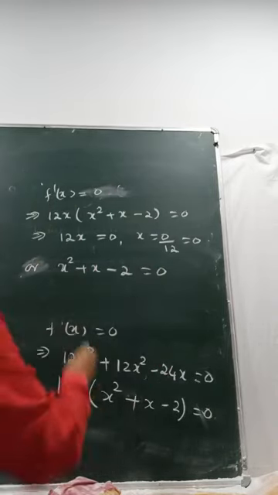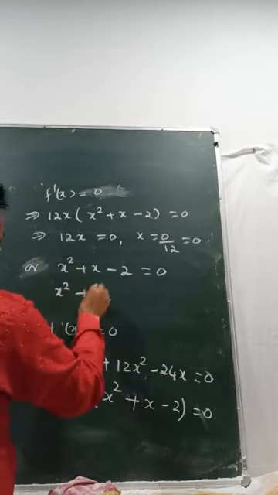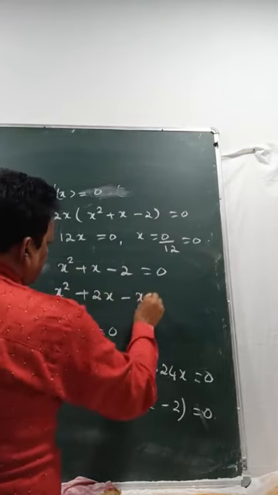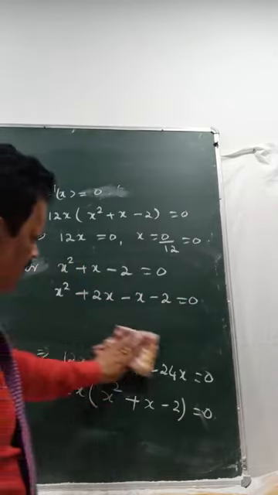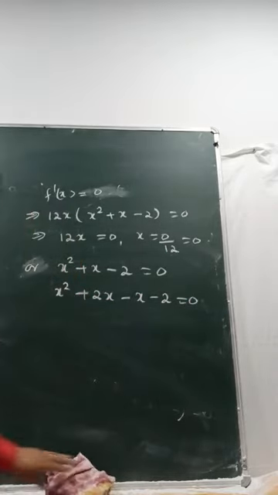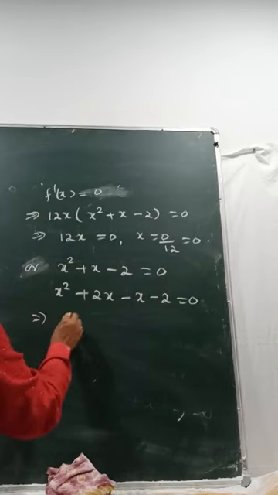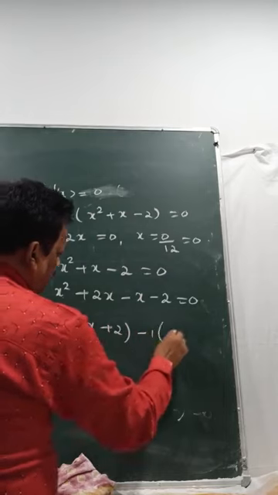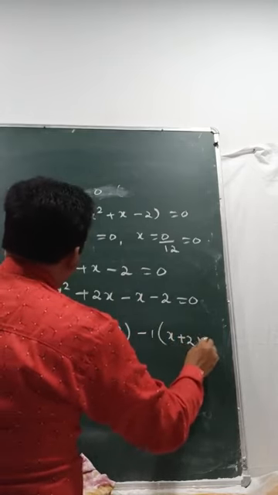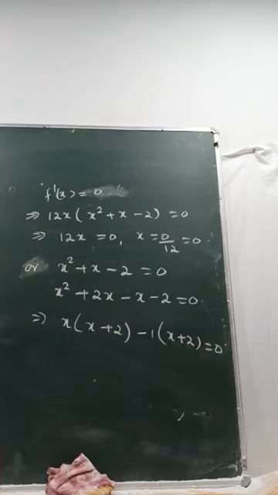Splitting the middle term, x square plus 2x minus x minus 2 equals 0. Then x common: x plus 2, minus 1 common: x plus 2, equals 0.